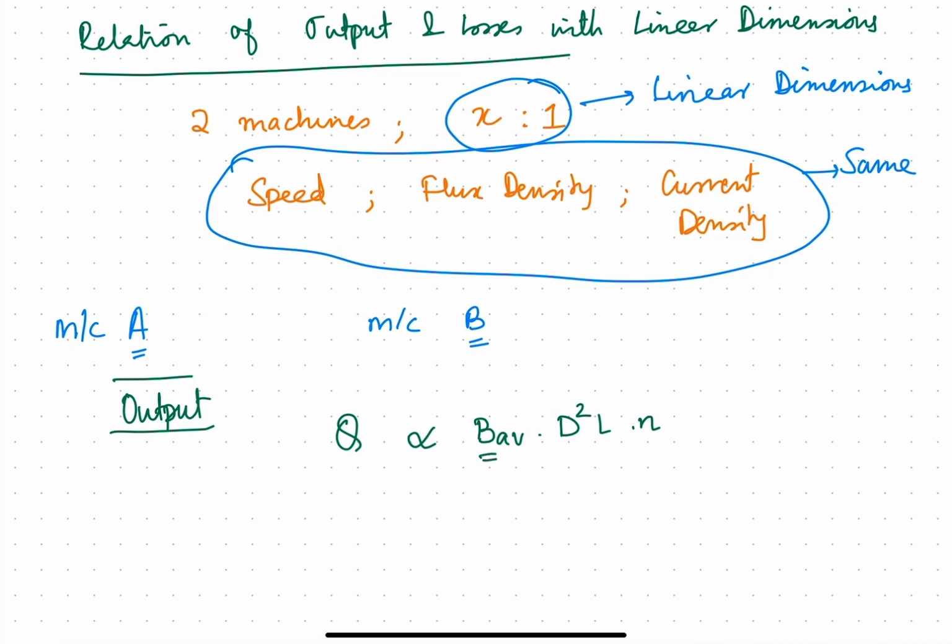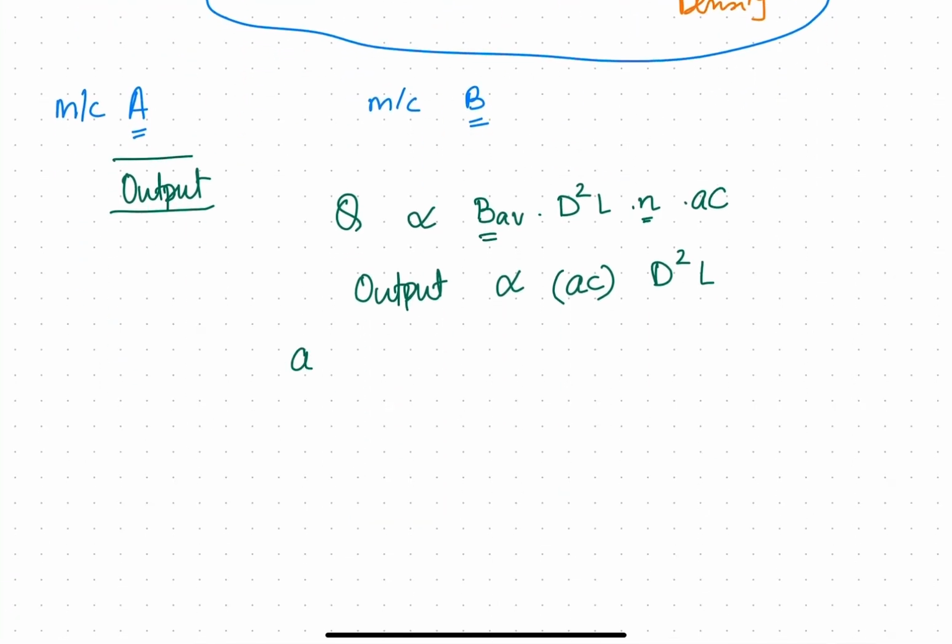Since BAV and the speed are constant for both machines, and there is this term AC as well, you have the relation that the output is directly proportional to specific electric loading AC times d square L. Now if you go to the equation for AC, it is IZ Z over pi d. So IZ you can get from the current density times area, times Z over pi d.